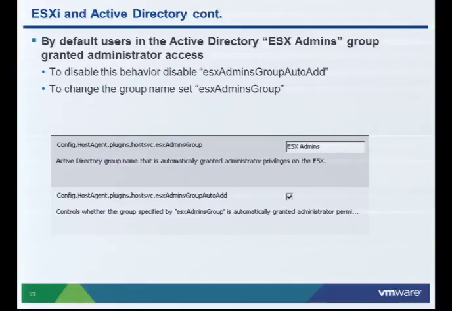So you can do two things. You notice the little checkbox here. It says you can disable that behavior completely, so there is no predefined group whose members automatically become admins. If you want more control over the name, we give you the ability to change it. So instead of ESX Admins, it could be Finance ESX Admins for the hosts in the finance cluster, or the HR cluster, and you can now do that.